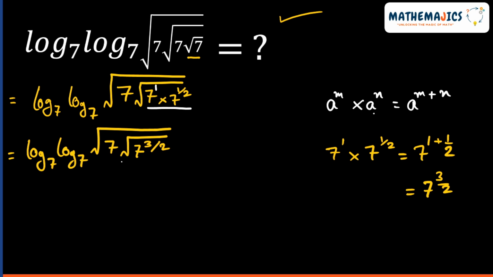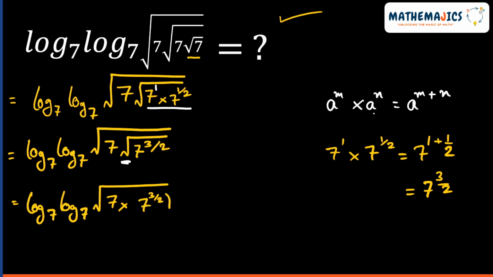In the next step, we will remove this square root. Yes, we will remove this square root and let's see what we will get. Log base 7 log base 7 under root 7 times, if we remove this square root, we will get 7 raised to 3 by 2 raised to power half. Correct?